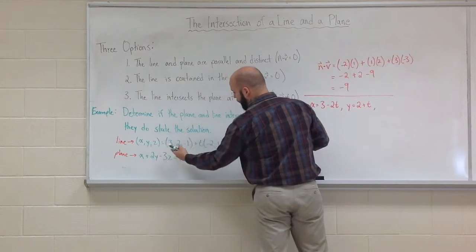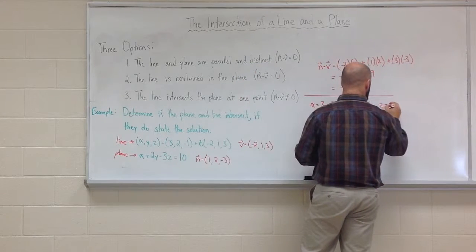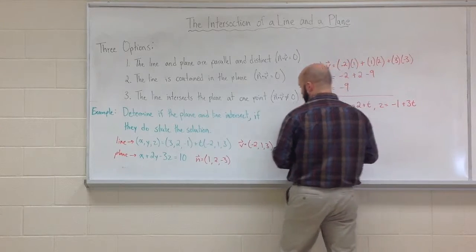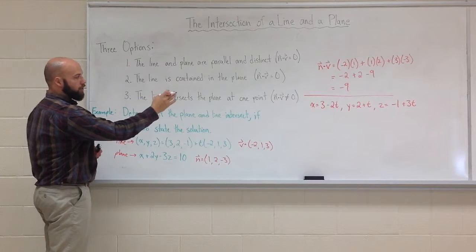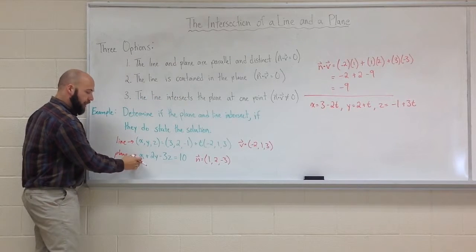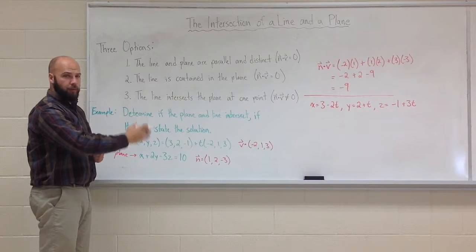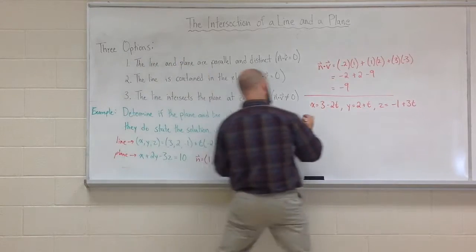And z is going to equal -1 plus 3t. Those are our parametric equations. Those x, y, and z values can be plugged into our plane equation so that t is our only variable. We can then solve for t and find our point.